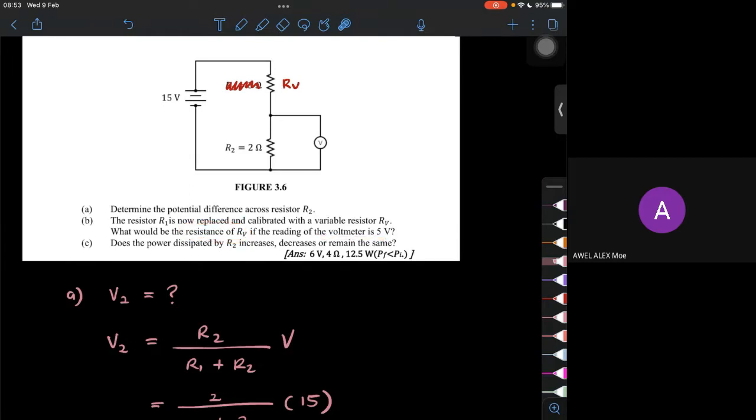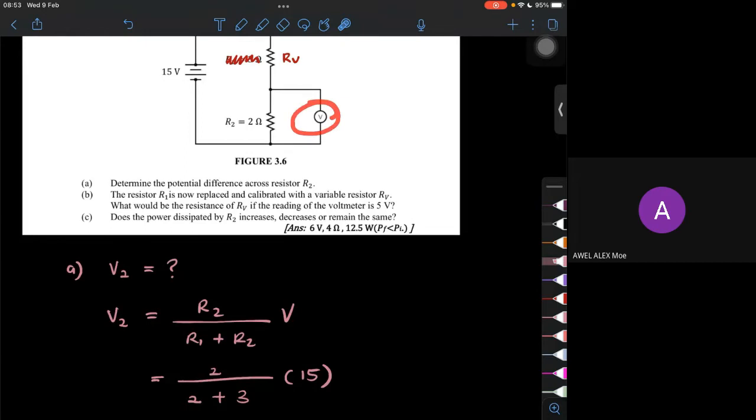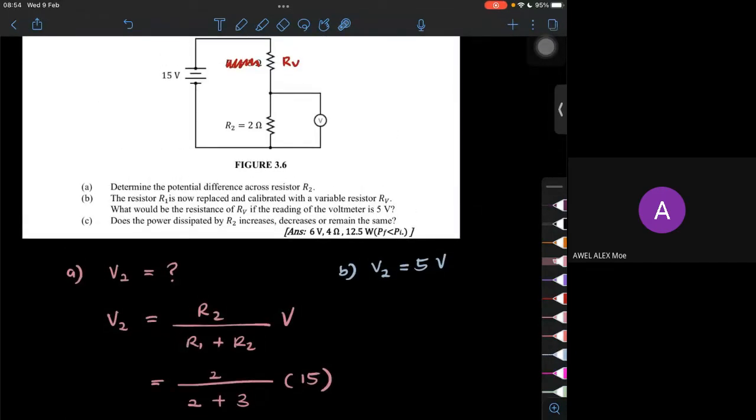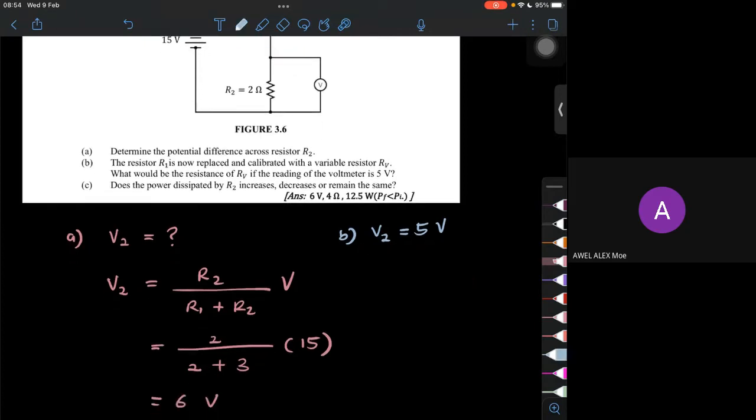Okay, sama juga lah, voltmeter dia still di sini kan, maksudnya sekarang ni kita punya voltmeter V2 adalah sama dengan 5. So soalan B, V2 will be equal to 5 volt sebab dia cakap reading of the voltmeter is 5 volt. Now we want to find what is RV.